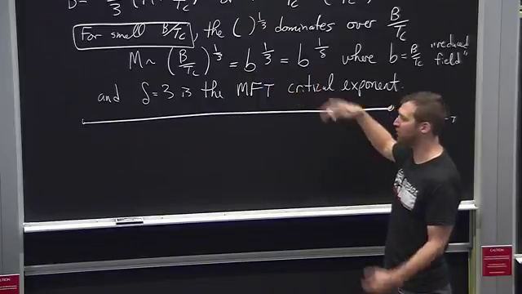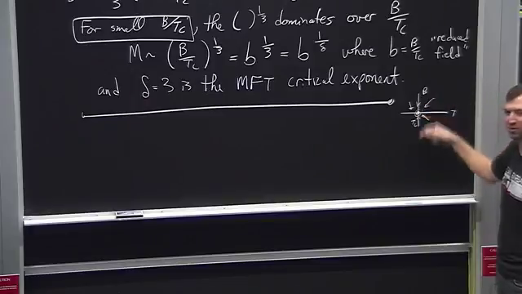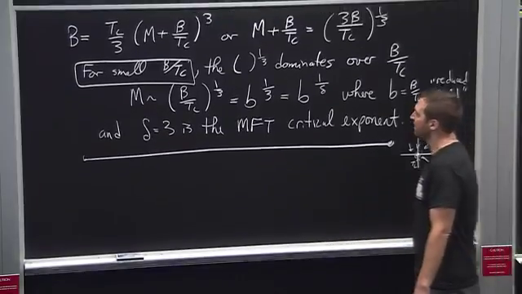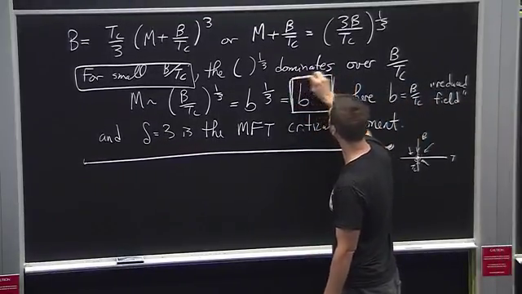So the exponent is the universal object, or the universal number. But you have to be in that limit where you just approach that critical point. So even with that assumption, we can say delta is universal. So this form here is sort of the universal form that you expect, right?